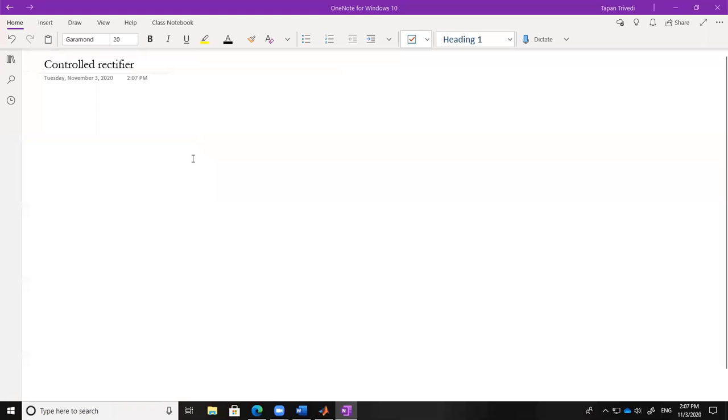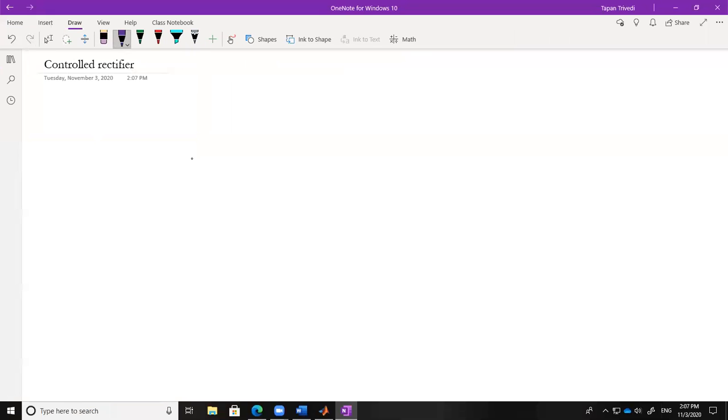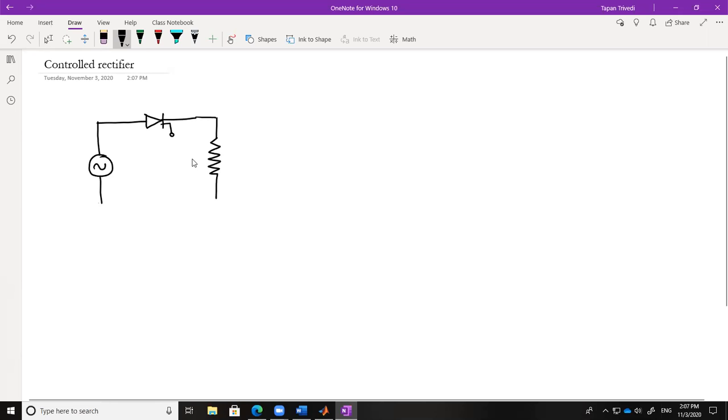So first I will start with a very basic converter. That is, an AC supply is there, then there is an SCR, silicon controlled rectifier, and then we have a resistor at the output.